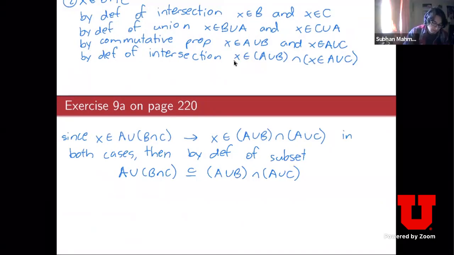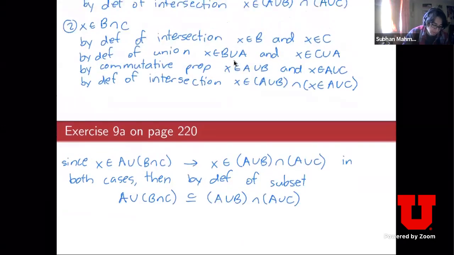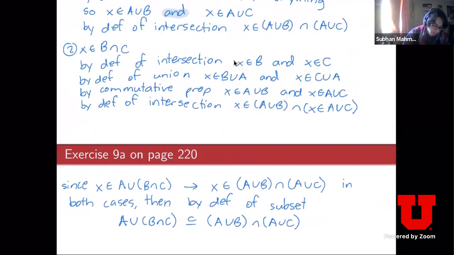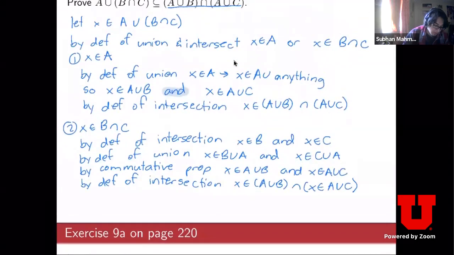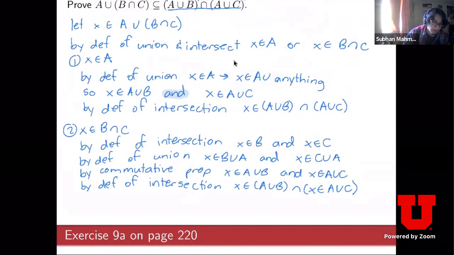Where did you get that in case 2 that X was an element of A union B and X was an element of B union A and X was an element of C union A? Yeah, so that just came from this property that we used up here. It'd probably be good to specify it in your proof.